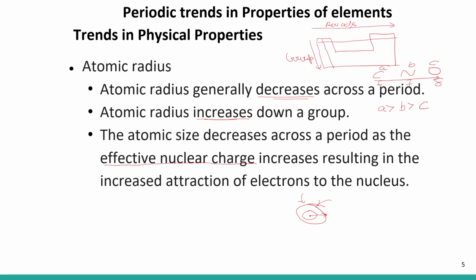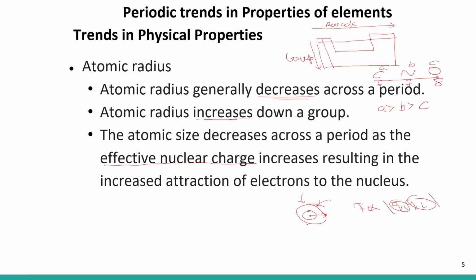So what happens due to this? The electrostatic force experienced by this shell goes on increasing. As you know, the electrostatic force is directly proportional to the magnitude of the product of the charges. The nucleus charge Q1 is constant, but for this shell it is increasing due to the increasing number of electrons.